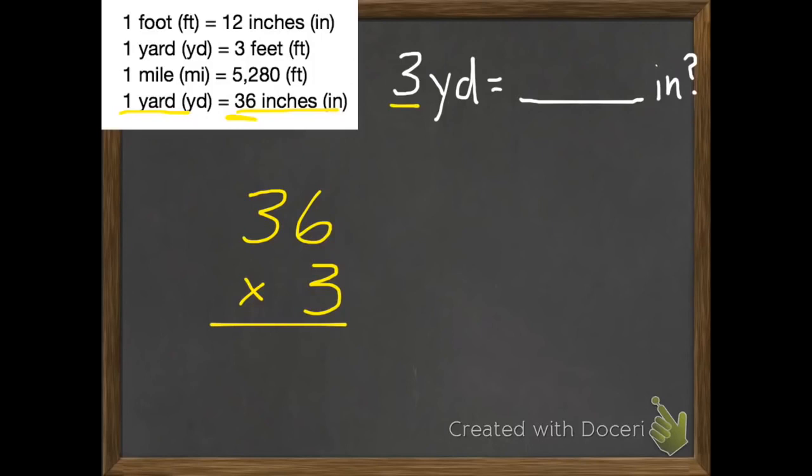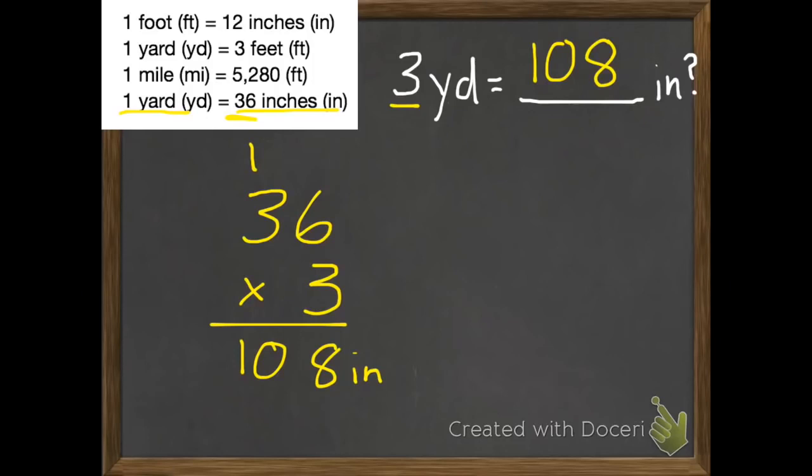So 36 times 3. So 6 times 3 is 18. 3 times 3 is 9, plus 1 is 10. So we get 108 inches. So 3 yards equals 108 inches.